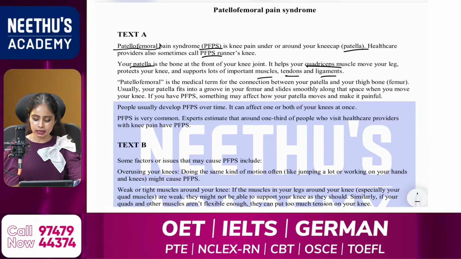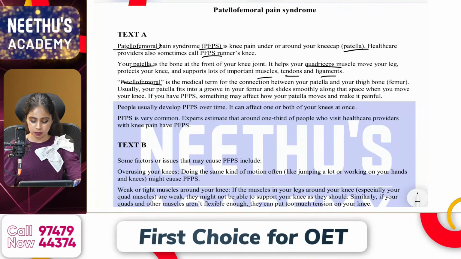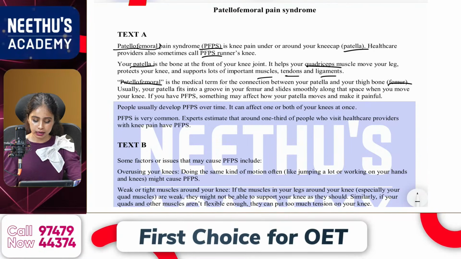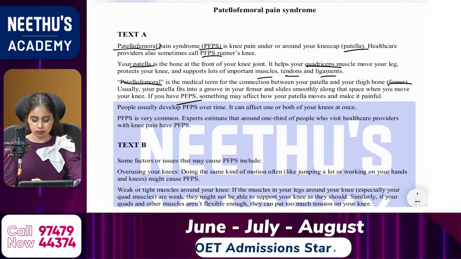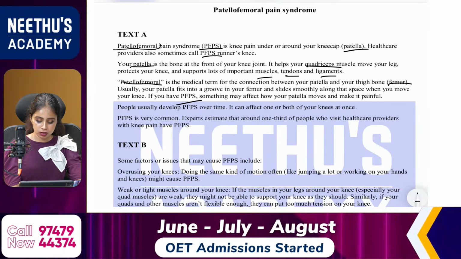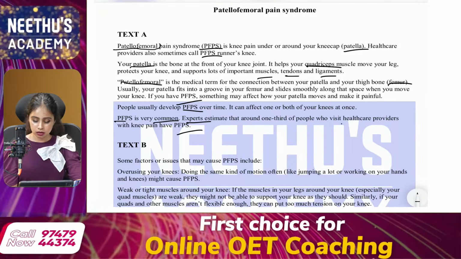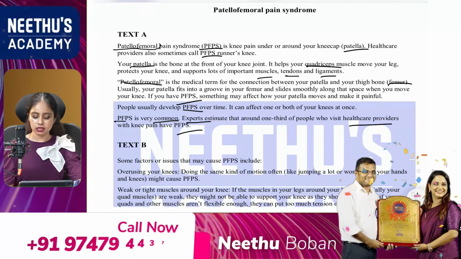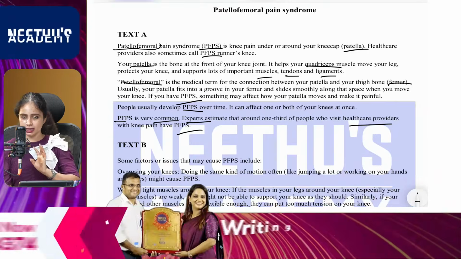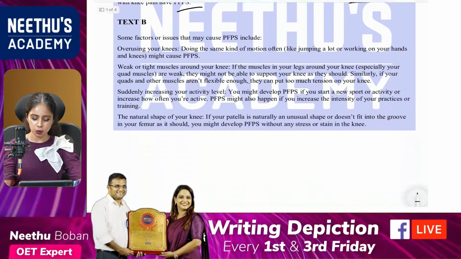Then muscles, tendons, ligaments. Then again patellofemoral, the medical term. Then the bracket, again the short form. So these are the keywords which I am marking from text A. I just skimmed through the text and I have marked all the important words.